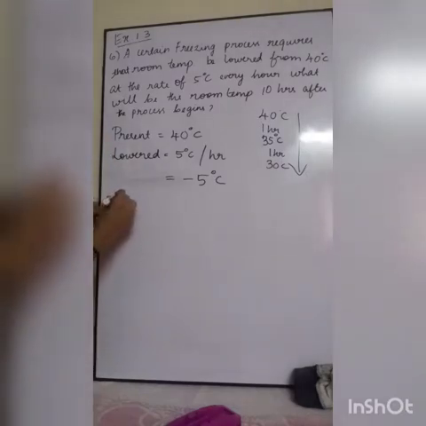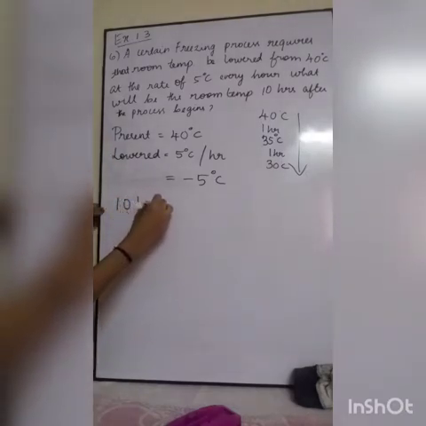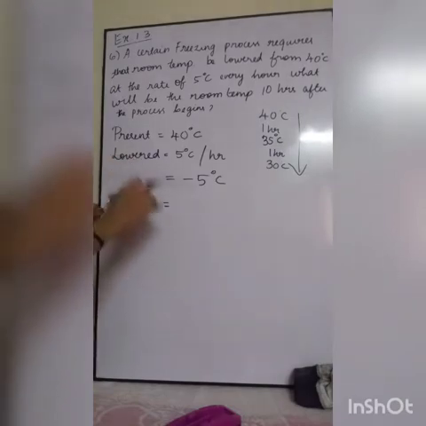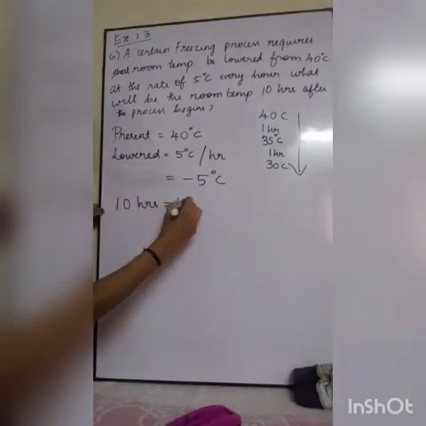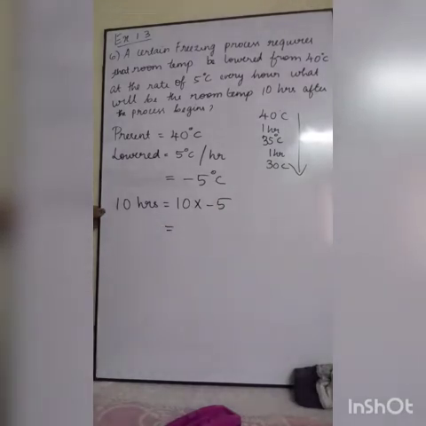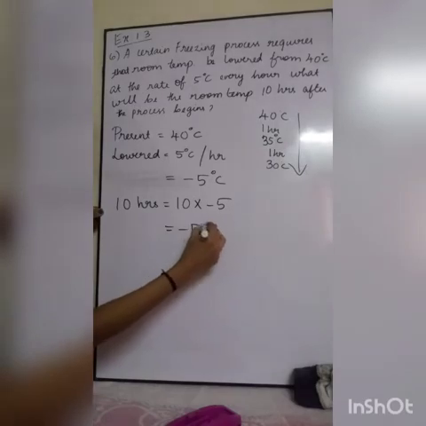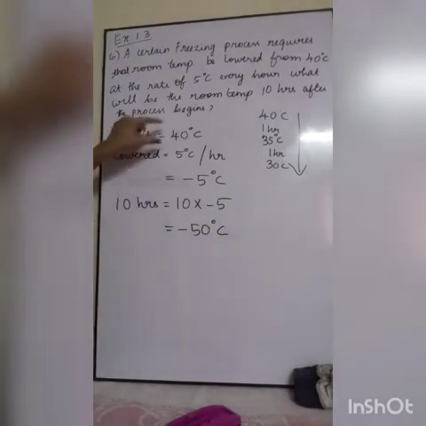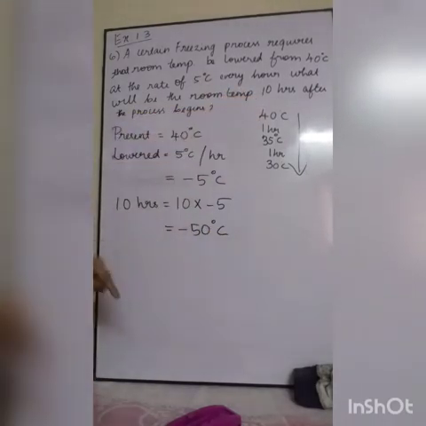Next, it takes 10 hours, right? For 10 hours of reducing, how much will it be? 10 into minus 5, that is minus 50 degrees Celsius. So from 40 degrees Celsius you have to subtract.